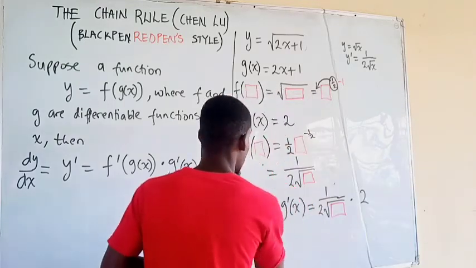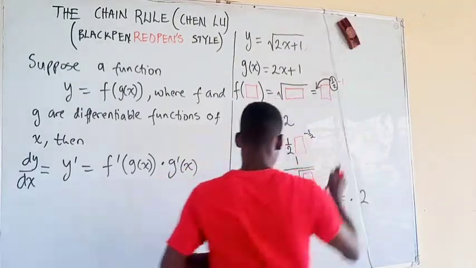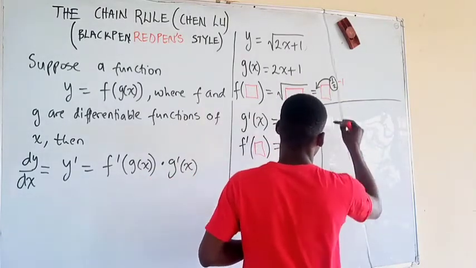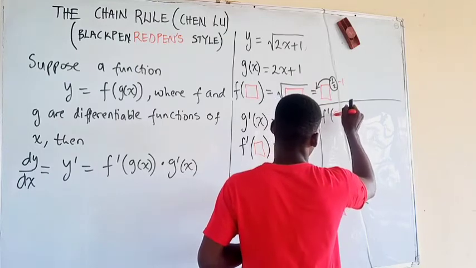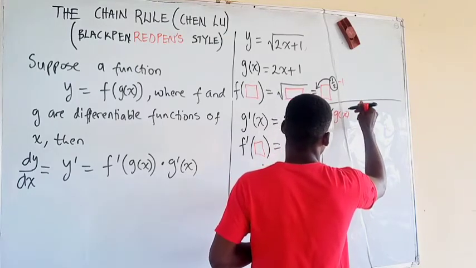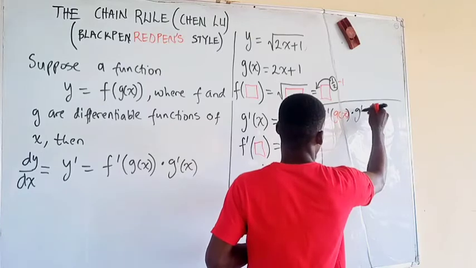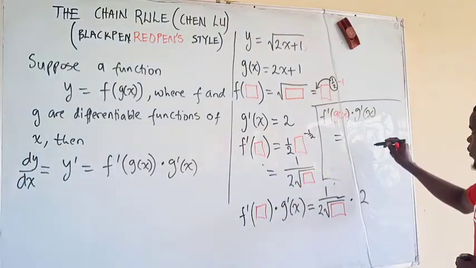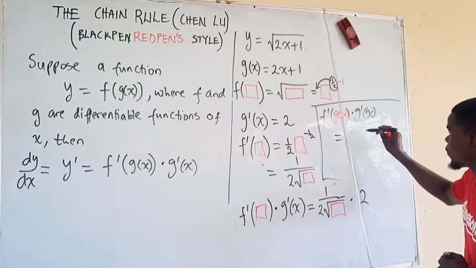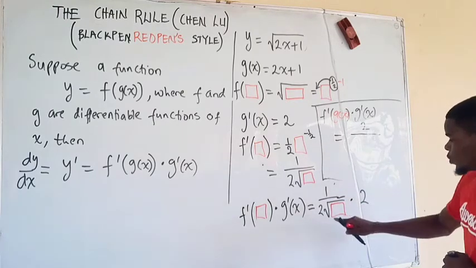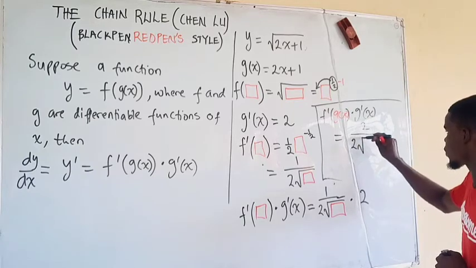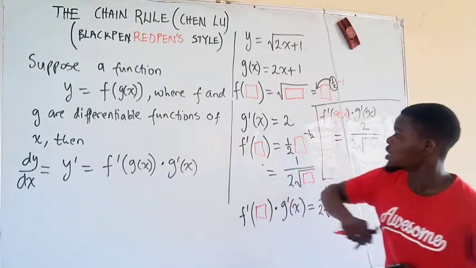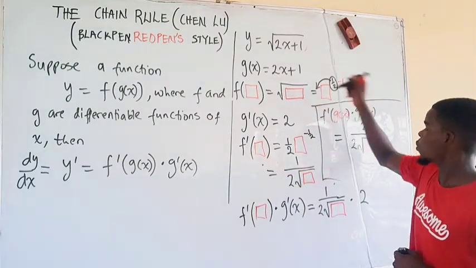So when we do that, we will now enter with the whole derivative, which is f prime of g of x times g prime of x to be equal to 1 over, okay, so we multiply this one with the 2, we have 2 over, now 2 times the square root of that box. What is this box? It is g of x, which is 2x plus 1.